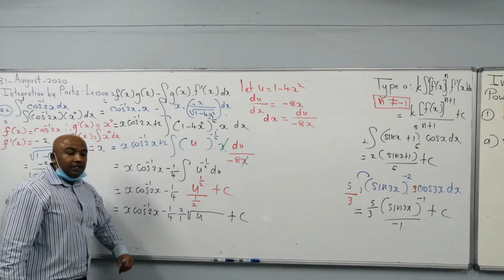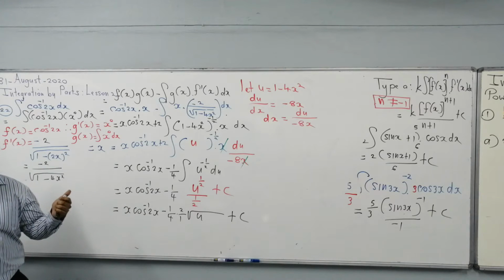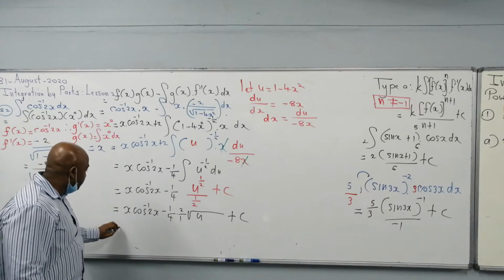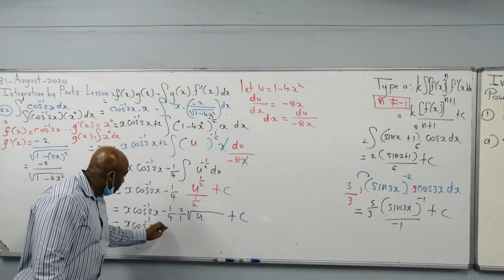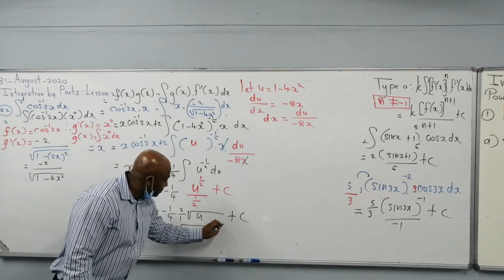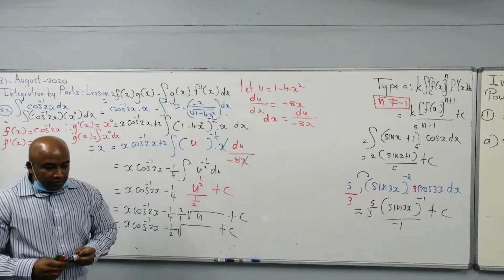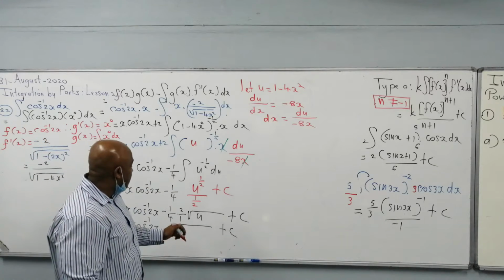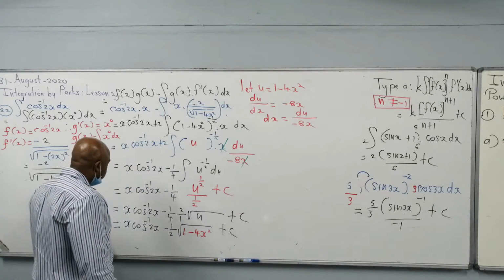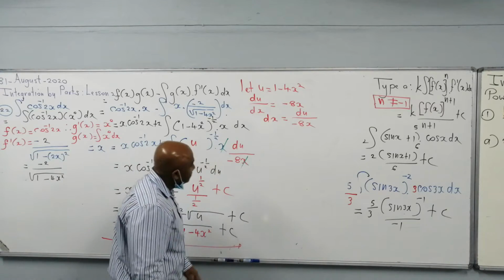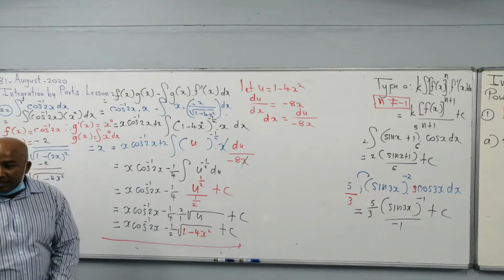Plus c. You're done. Don't forget to substitute back for u. What was u? U was 1 minus 4x squared. And that was our inverse trig.